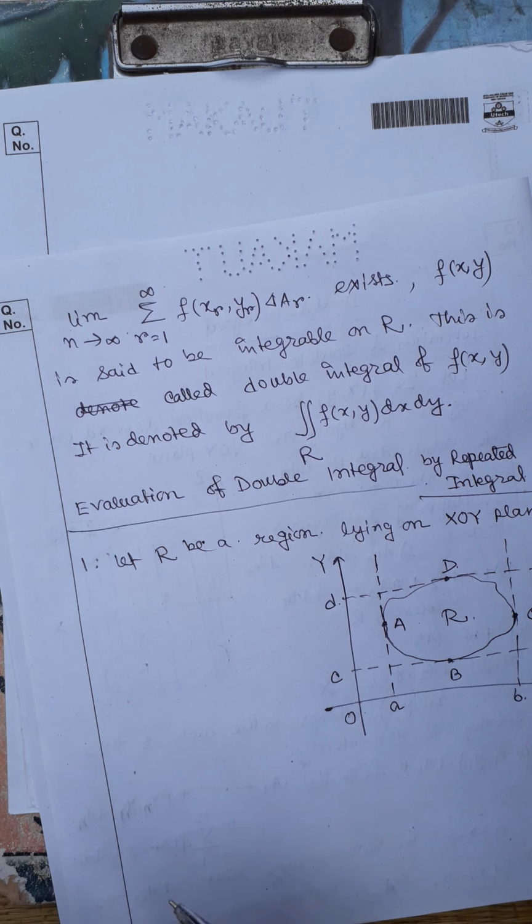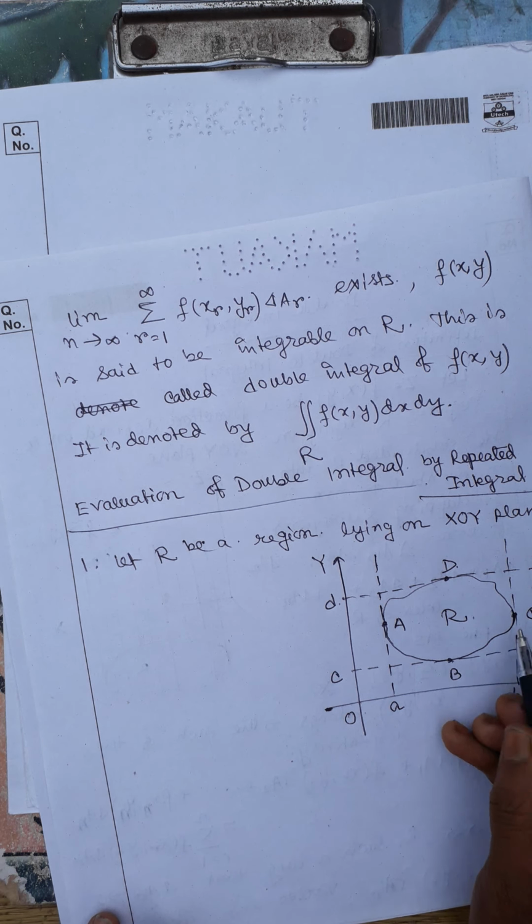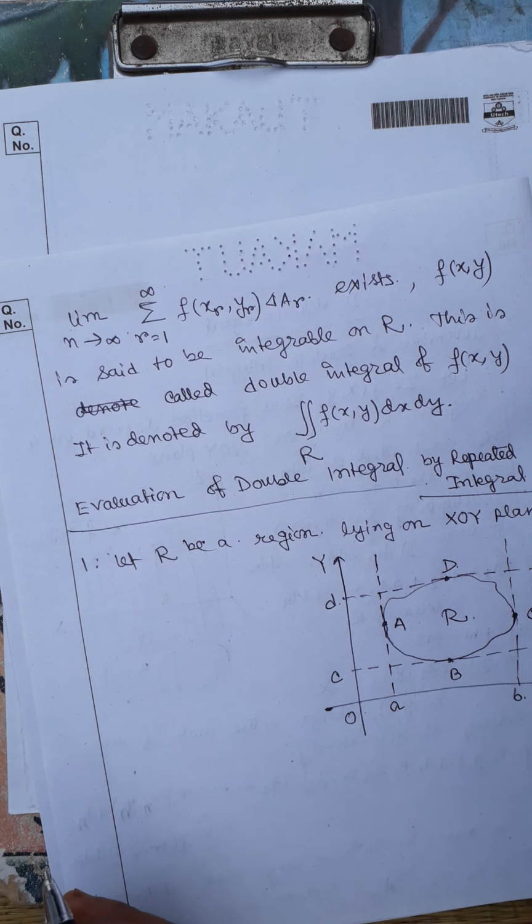Then the region R shown in the figure, in this type of region, R can be partitioned into 2 portions, one is ABC and another is ADC.